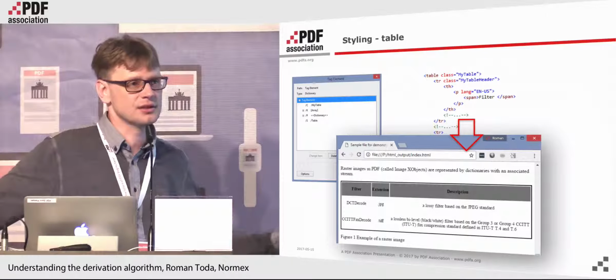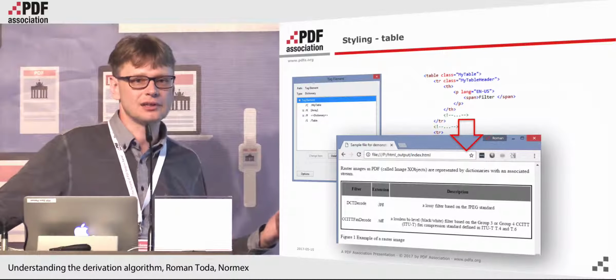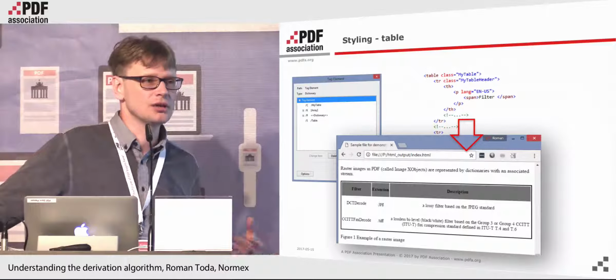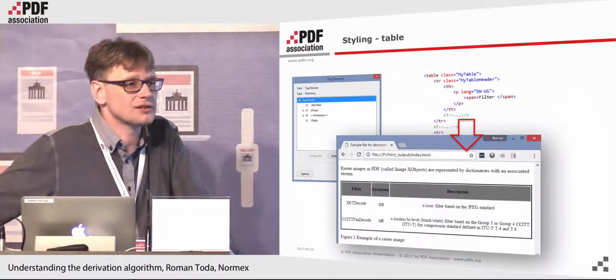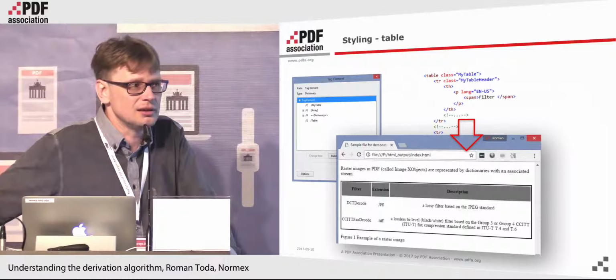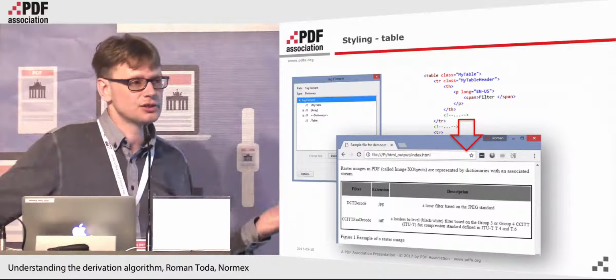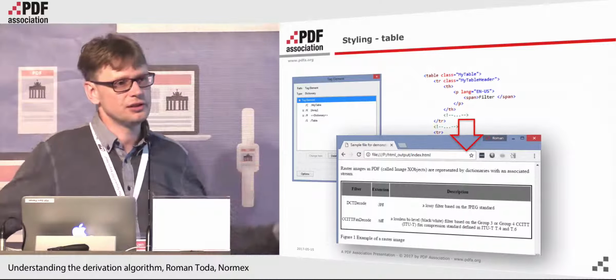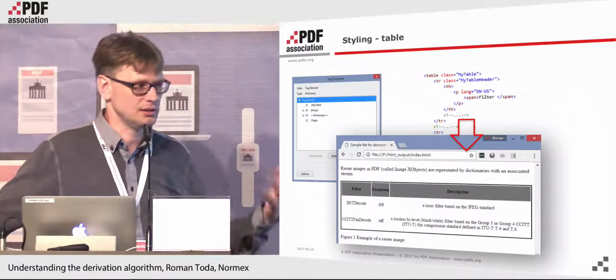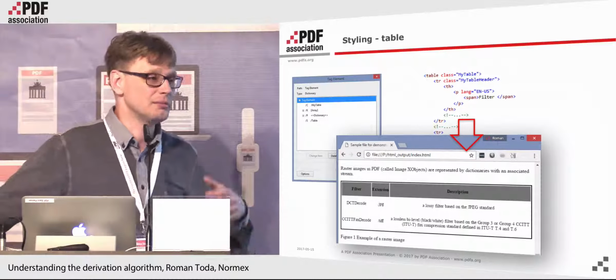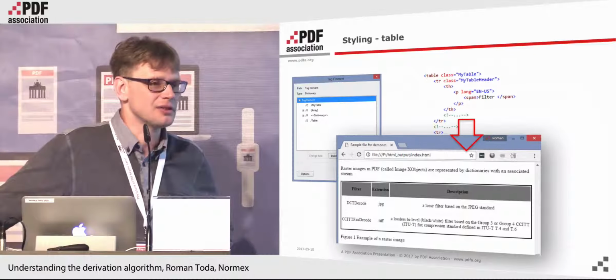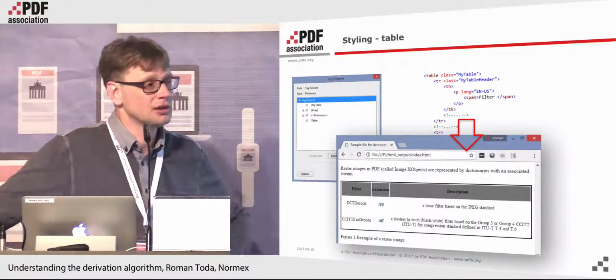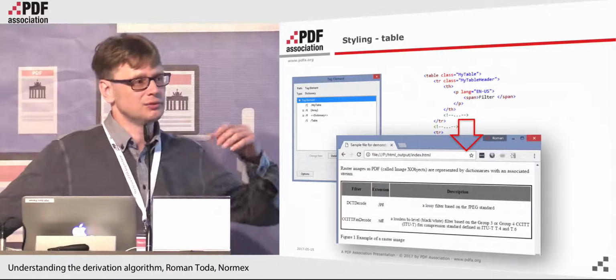So if you run well-tagged PDF through derivation, we will end up with an HTML file. And it doesn't have to be just an HTML file, but in our next generation PDF, we are concentrating on HTML purely in the document. But let's step out of this concept and think a little bit about the future, about the world in 20 years.